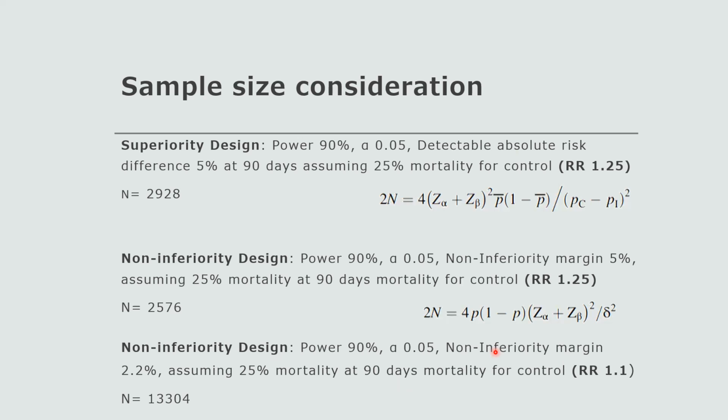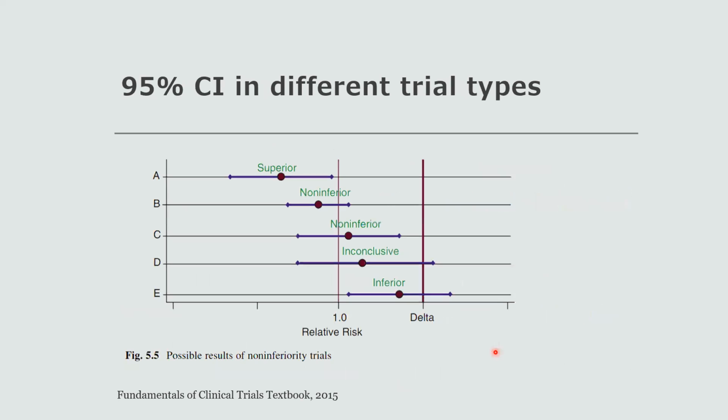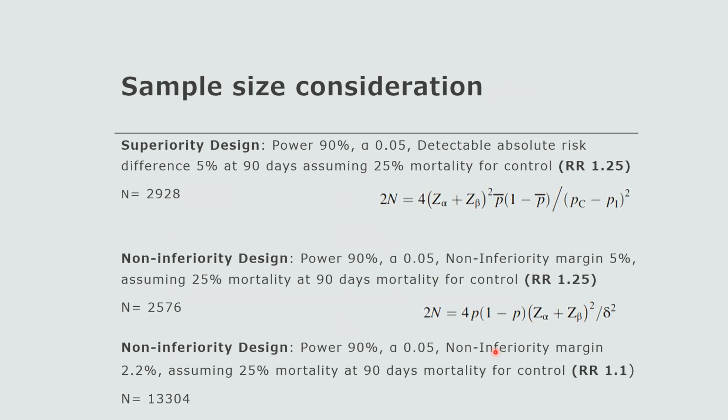And then with your slide that you just went over, I was just wondering about the alpha and whether for a non-inferiority trial, we really should have an alpha of 0.025 to have the same kind of certainty as we would have with a two-sided test.